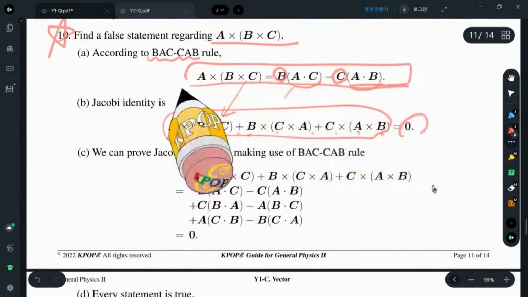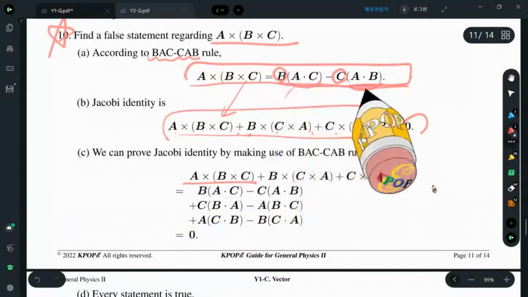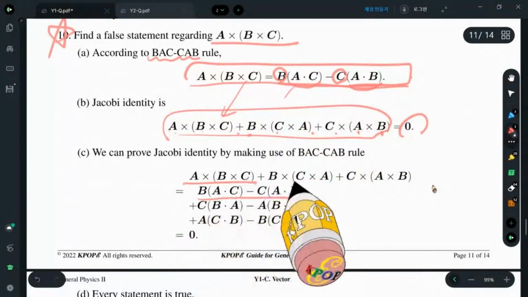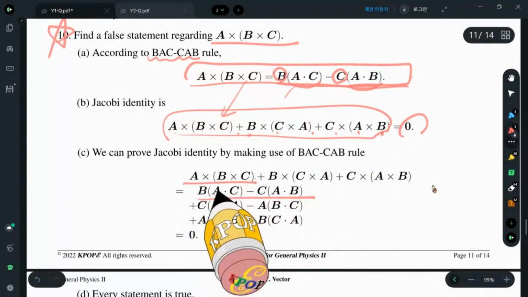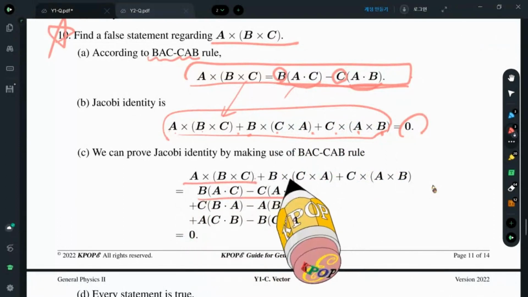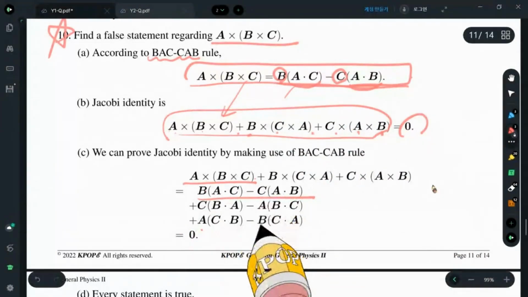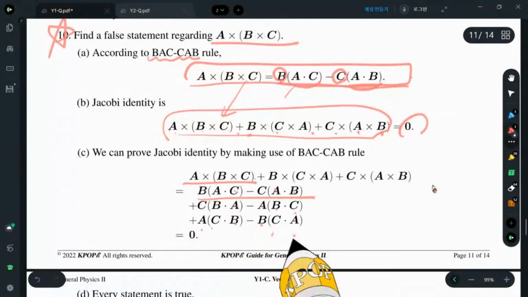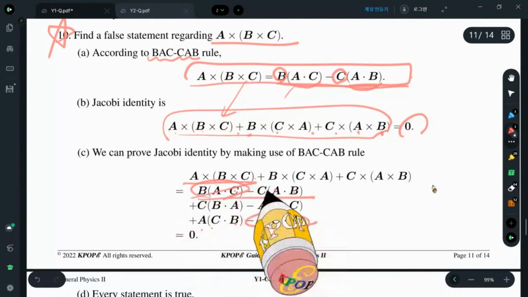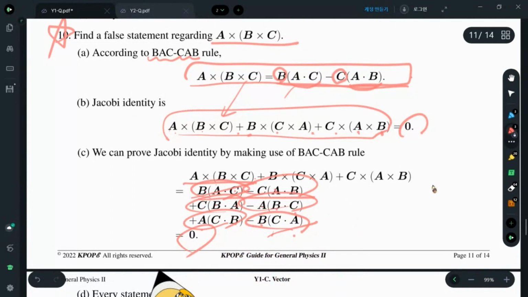We can make use of this formula for the BAC-CAB rule, substitute these results in here, and then exchange A, B, C. You find these two are the same, they cancel, exactly 0.